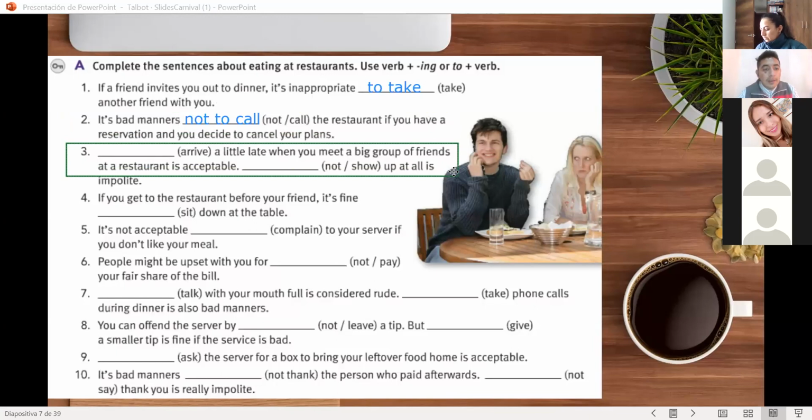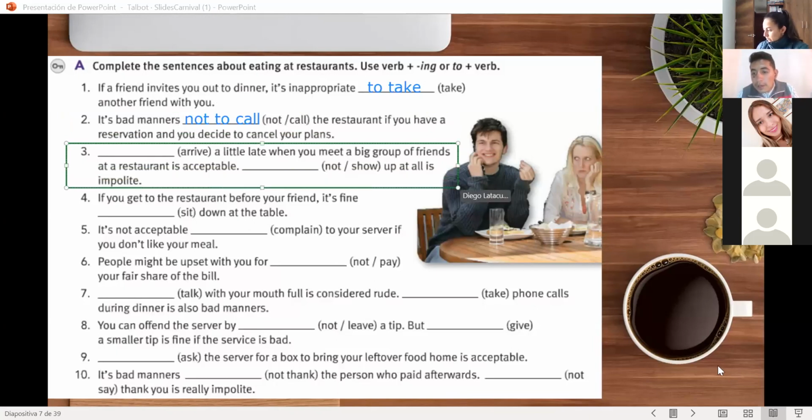Let's see the third one. I want to hear from Anderson. Please help me, Anderson. La número 3. Remember the rules that we read before. ¿En qué forma podemos el verbo arrive? ¿Cómo pondríamos? ¿Será el verbo con ing o con to?